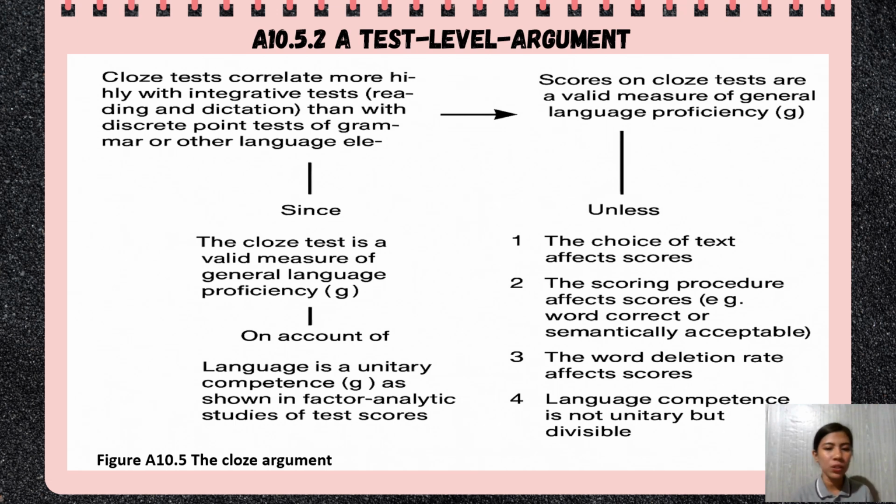The warrant, or the reason, is that language ability is a single, unified skill called G that can be measured. And their backing, or support, is research and studies that back up this idea, or the meta-analysis of test results.